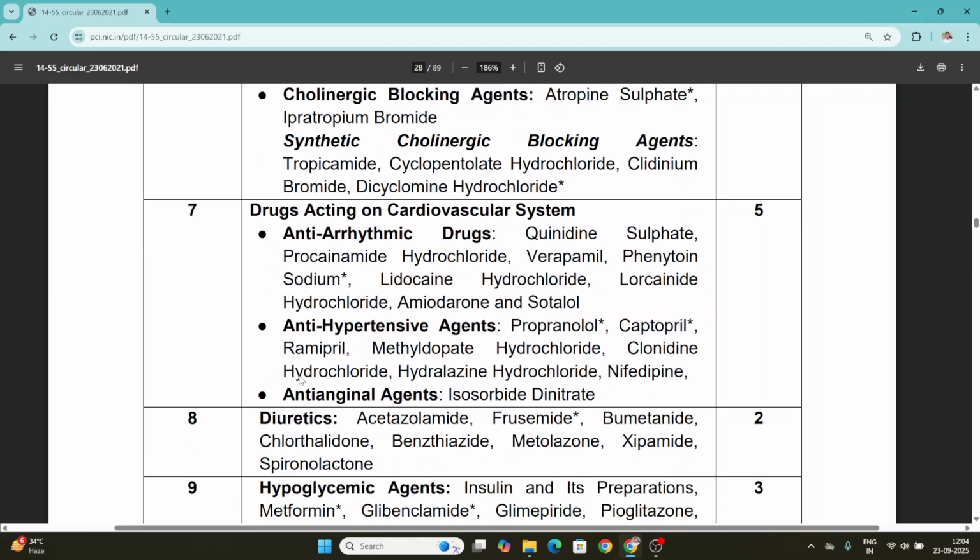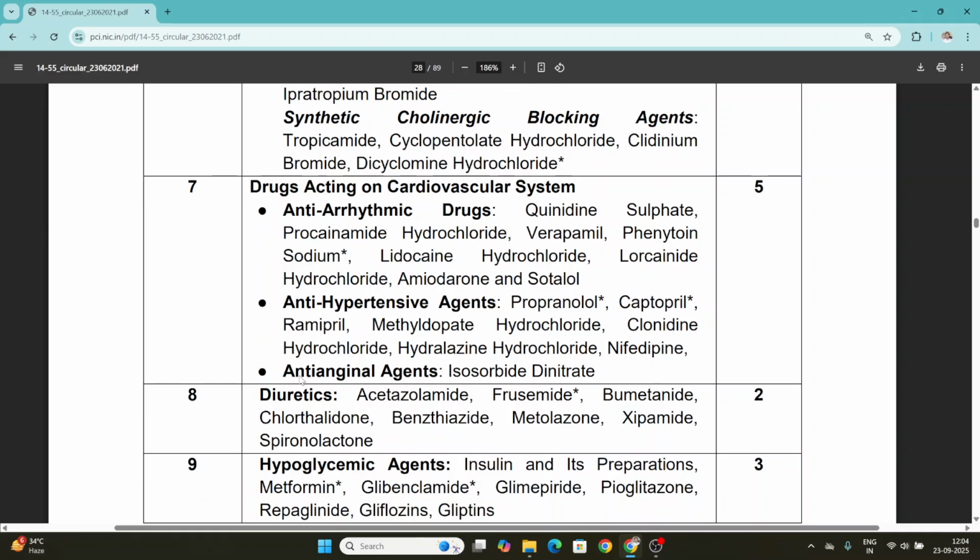Chapter 7: drugs acting on cardiovascular system. Antiarrhythmic drugs: quinidine sulfate, procainamide hydrochloride, verapamil, phenytoin sodium, lidocaine hydrochloride, lorcainide hydrochloride, amiodarone and sotalol.